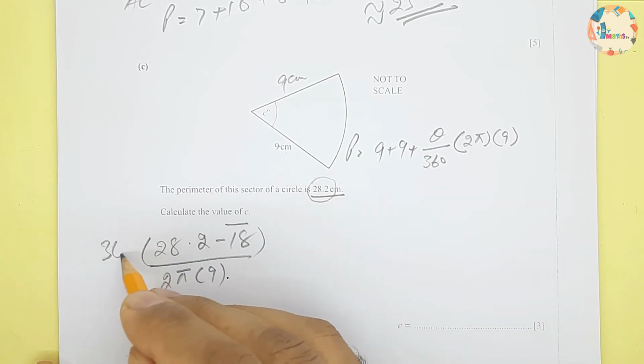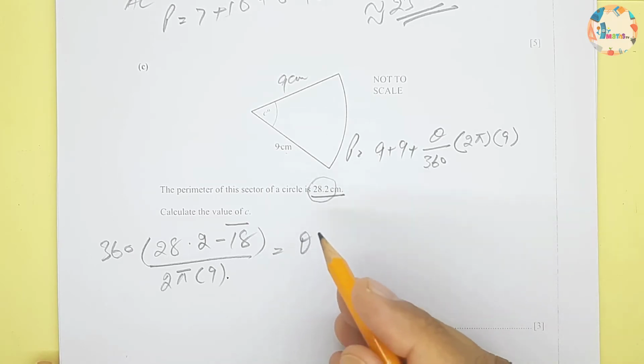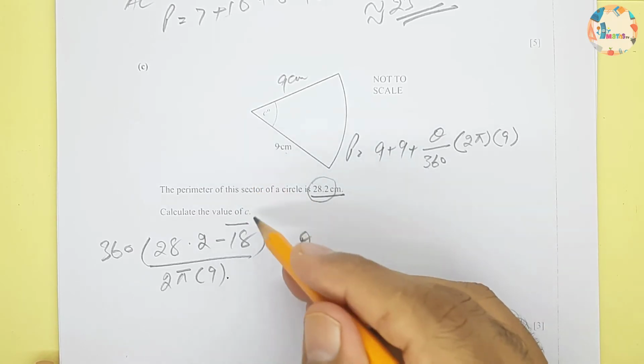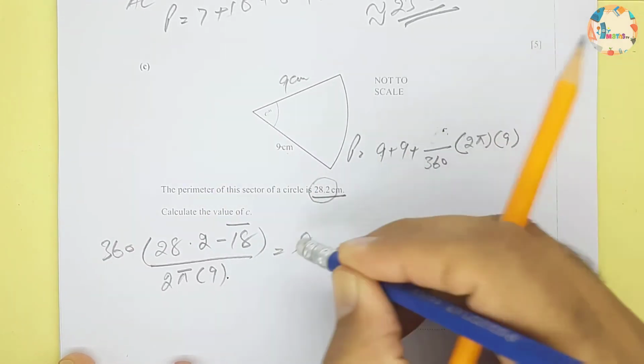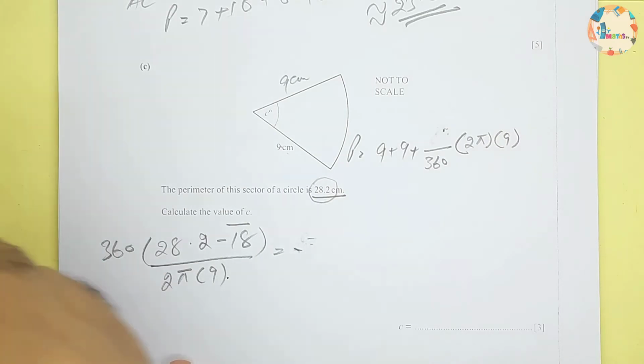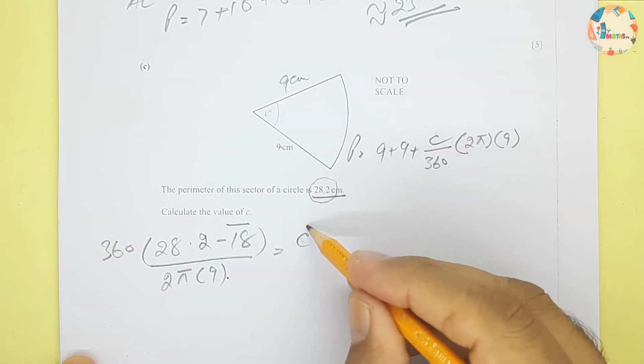So I'll write 360 over here. This will be equal to theta. Basically we have to find theta or C. They have mentioned C, so I will write C here so that you will not be confused. So this is C degrees.